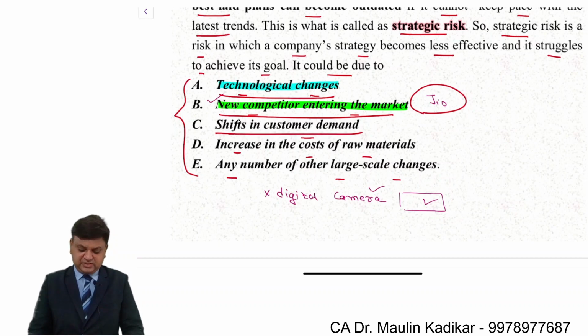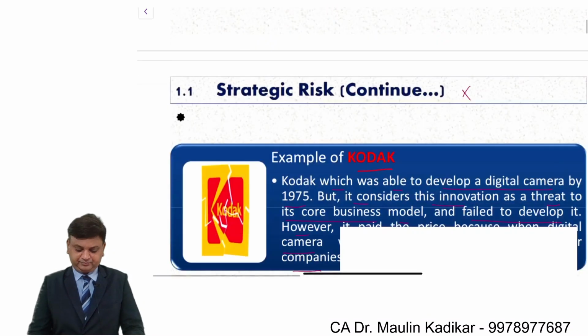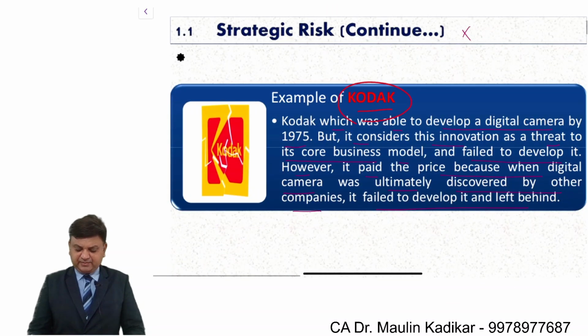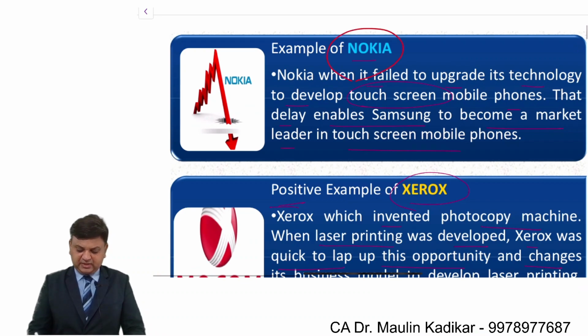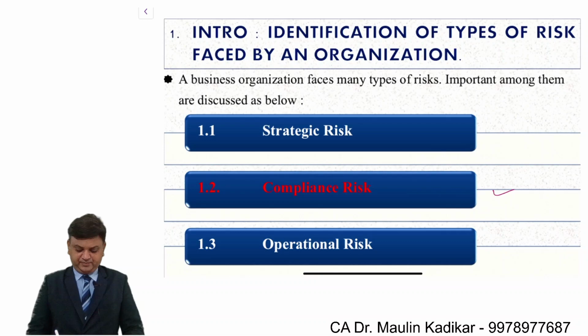Shift in the customer's demand, increase in the cost of raw material, any number of large scale changes. In examples, Kodak, Nokia, Xerox, and of course Jio can be added to it.